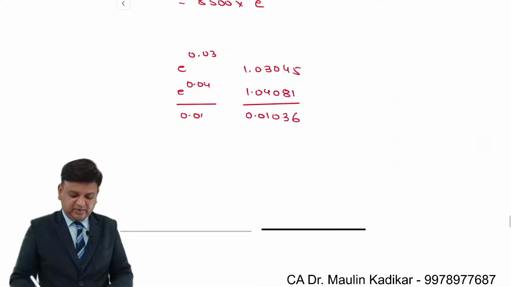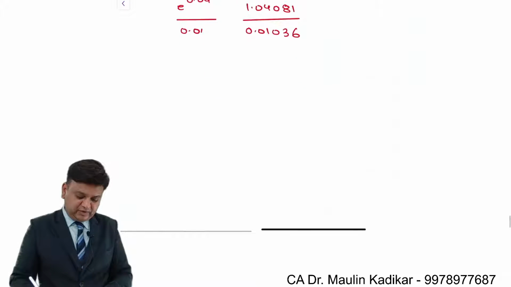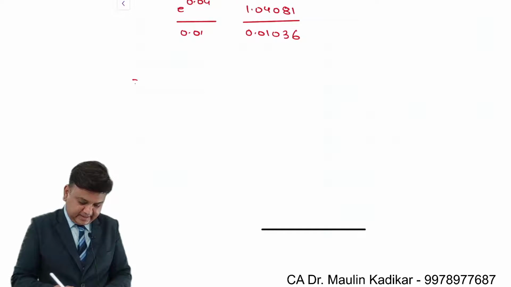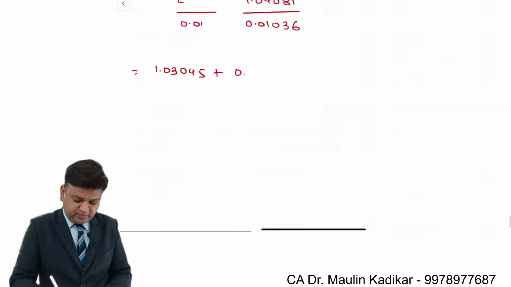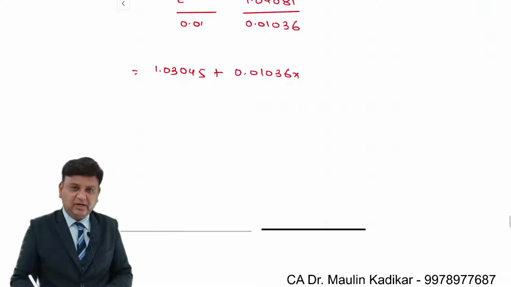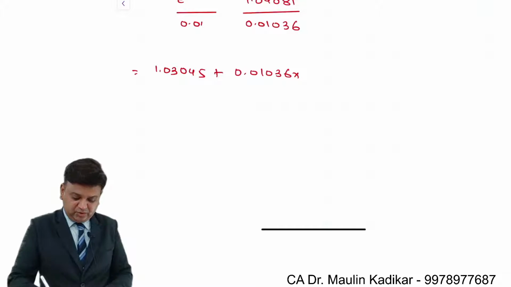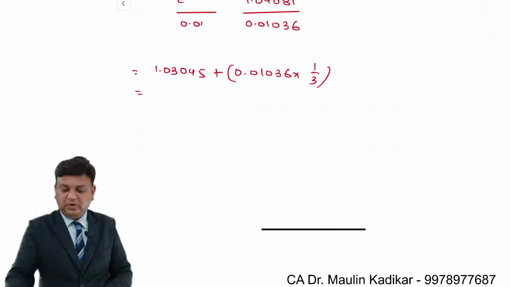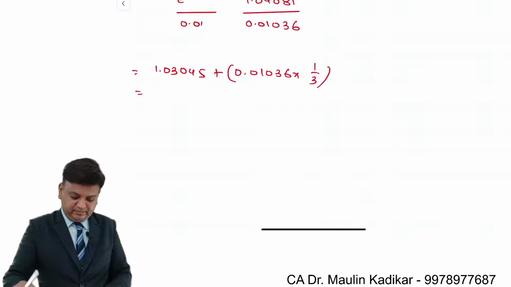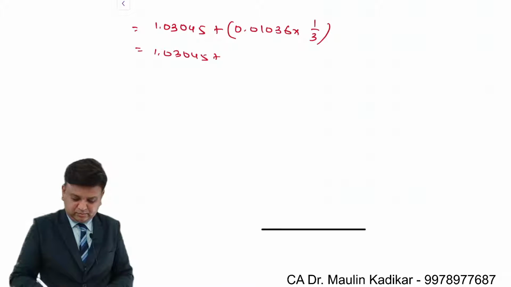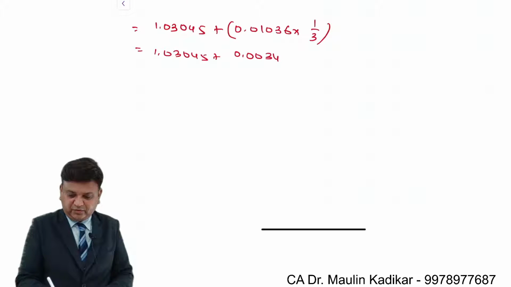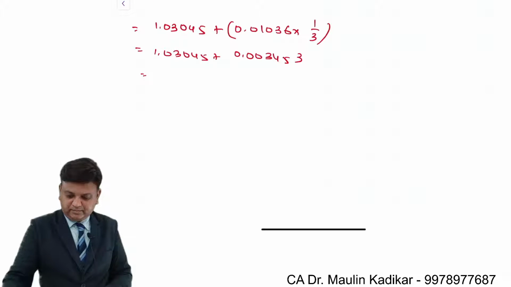Okay. Now we are required to go like 1/3 above. So what we will do? 1.03045 plus 0.01036. Okay. We have to go 0.33% above, so into 1/3. So 0.00345, 0.00343 plus 1.03045.